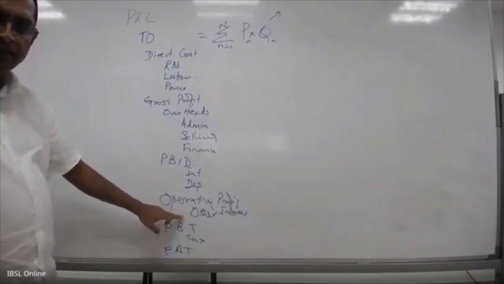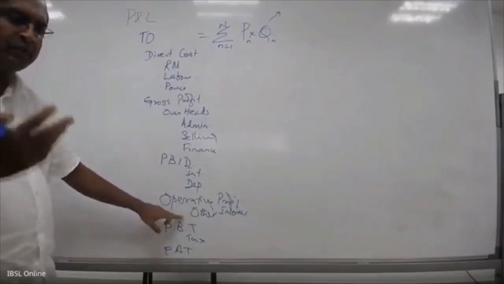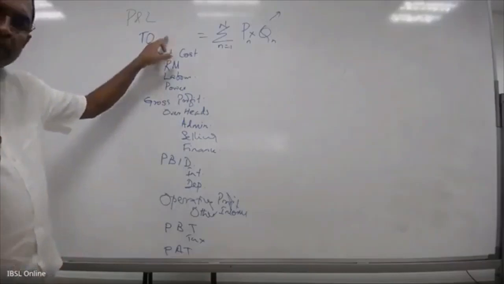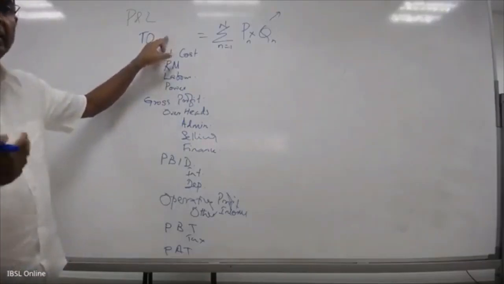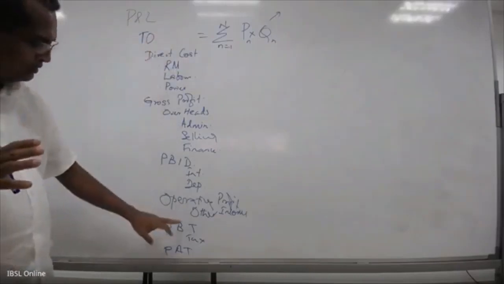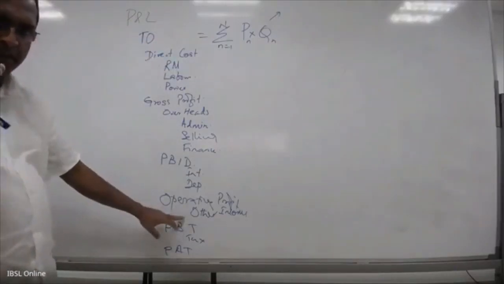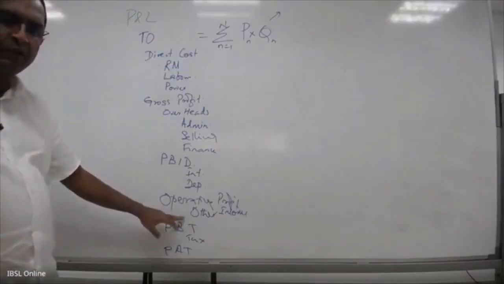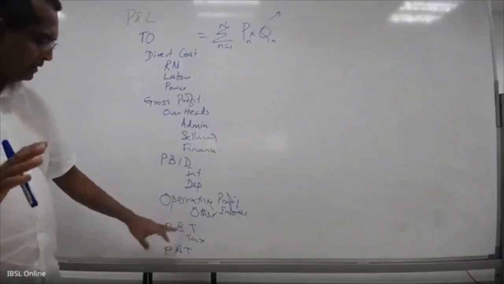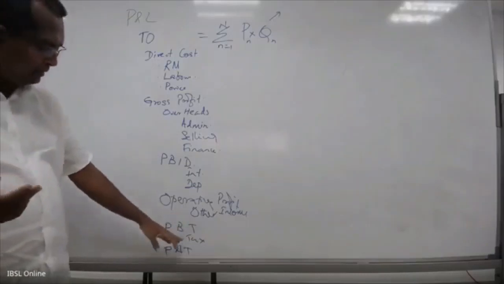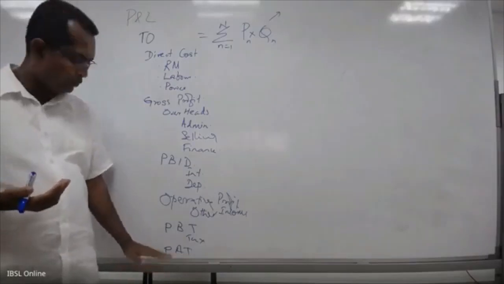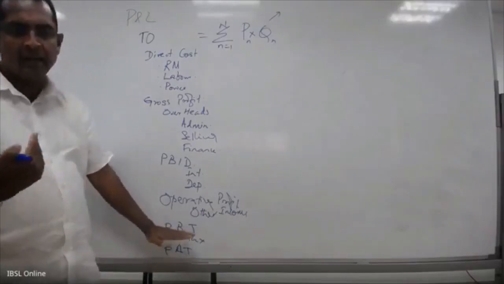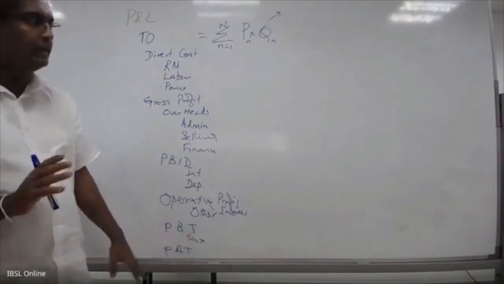If you are a manufacturer of shirts, sale of shirts is turnover. Then you have profit before tax, then tax and profit after tax. You can just stop by saying net profit here, right?